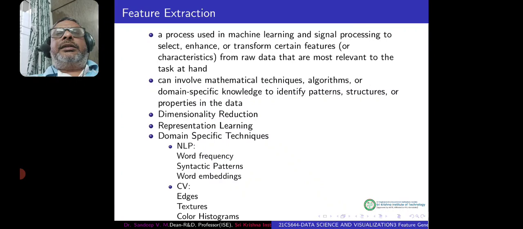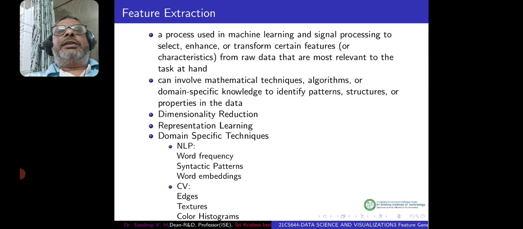From these RGB values of each pixel, we should be able to extract features like edges, textures, and color histograms, and so on. So that's what feature extraction means. Here we are interested in extracting some meaningful information out of the raw data, and that's for now.